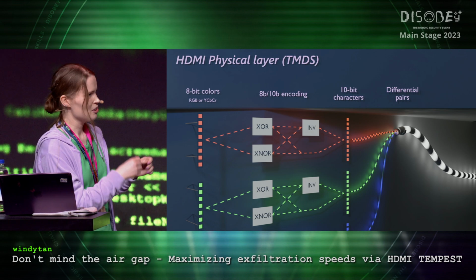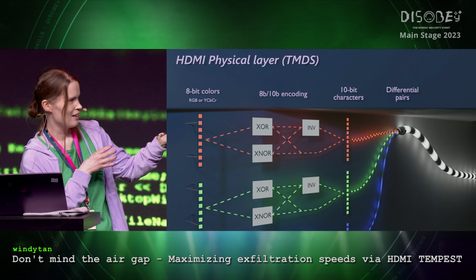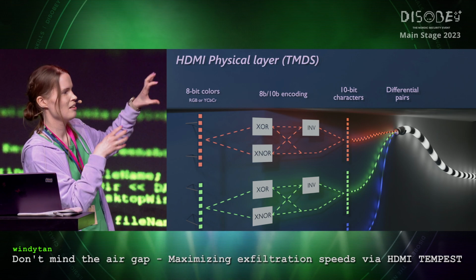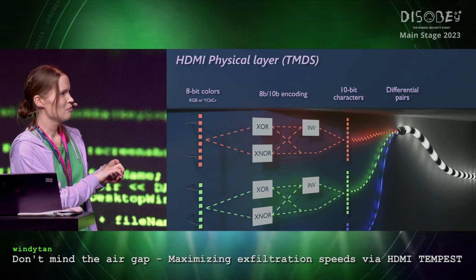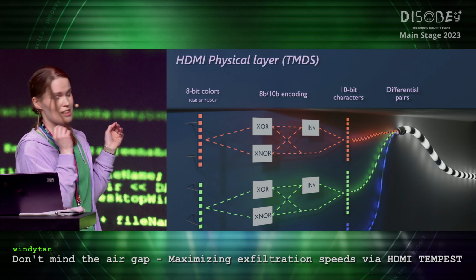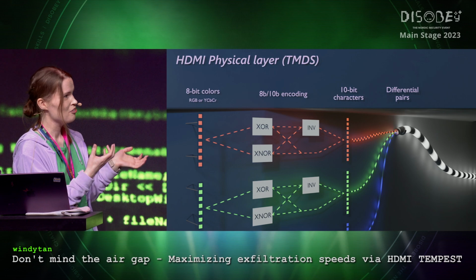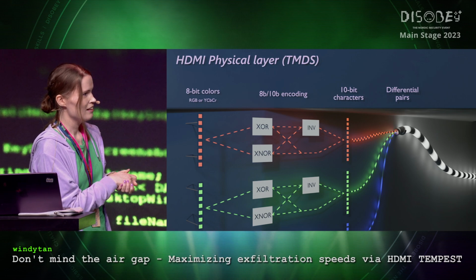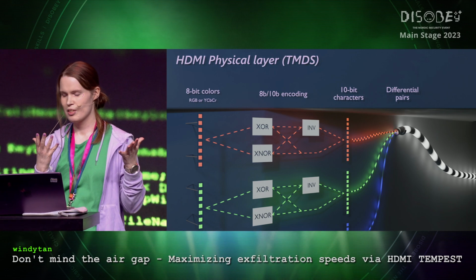It does an XOR there, an XNOR there, and it chooses between those based on some rules, and then it inverts the bits if their statistical properties are not perfect. And we get these 10-bit words.